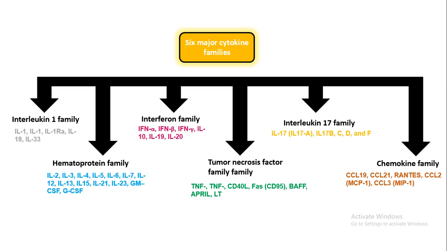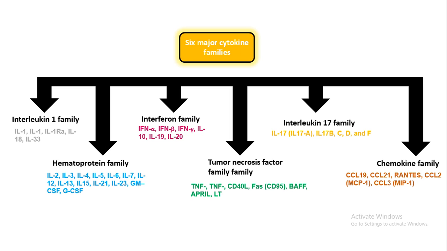Now here are the six cytokine families, namely the interleukin 1 family, and its family members are shown here. One of the most important family members of the interleukin 1 family is IL-1, which is the prevalent pro-inflammatory cytokine. Second is the hematopoietin family, and one of the most important members is interleukin 2, because interleukin 2 is very important for T cell proliferation.